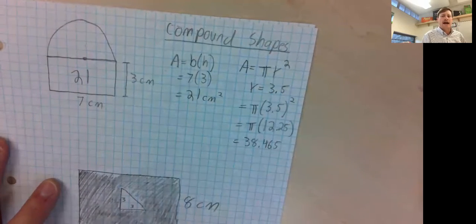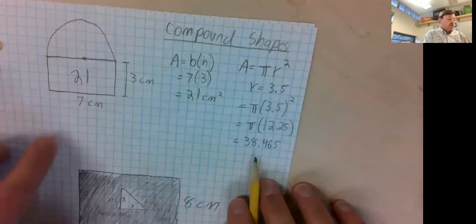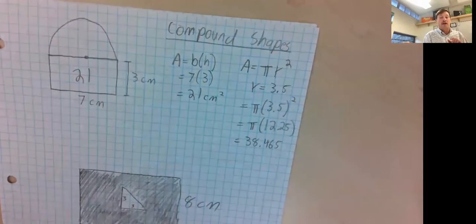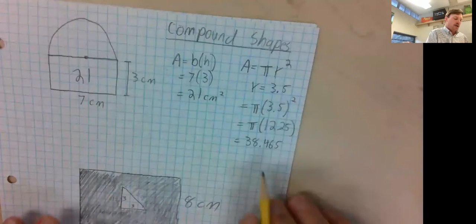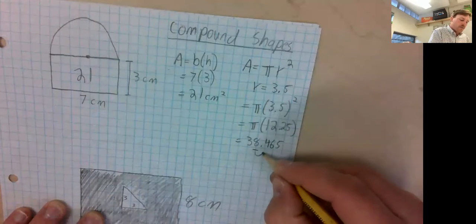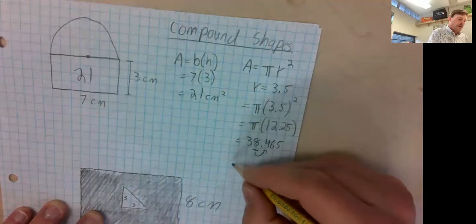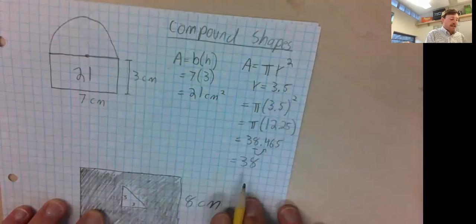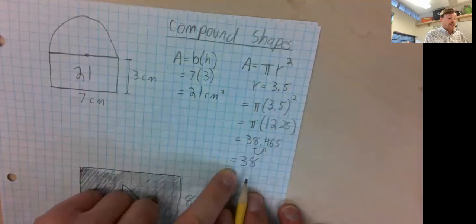Let's go ahead and round that. So here's the area really of what would be a full circle. But before we get there, let's clean this up and get a whole number out of this. So 38.465, I want to round to the nearest whole number. So I'm going to round to the ones place, look next door, and that's going to be 38. Now let's think about this.